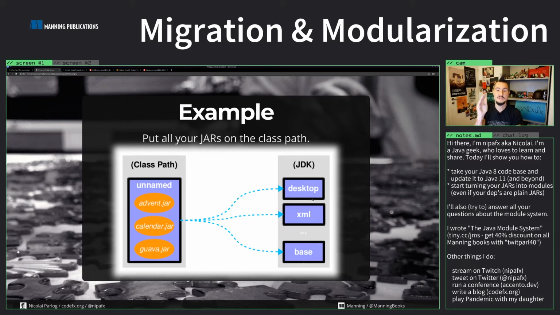We put all these jars into the class path, and then the module system comes along, draws a big box around it and says, this is the unnamed module. And the unnamed module can implicitly read all the other modules. That's what these dotted lines are there for. It can implicitly read all the other modules, in this case all the JDK modules, and everything is fine. This works. This is what we just did. All the jars that we built in the monitor application for Java 11 now run in the unnamed module.